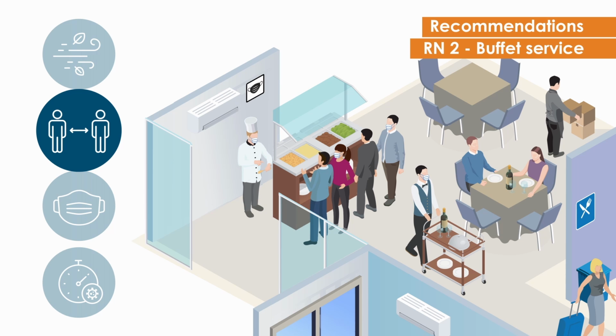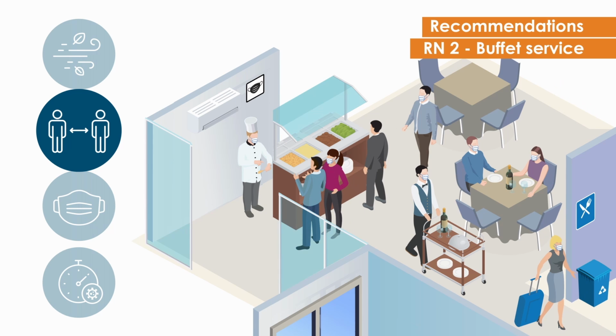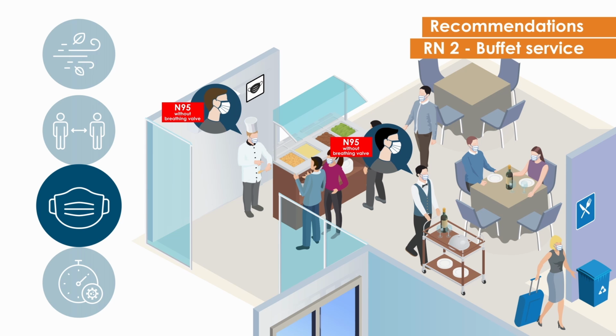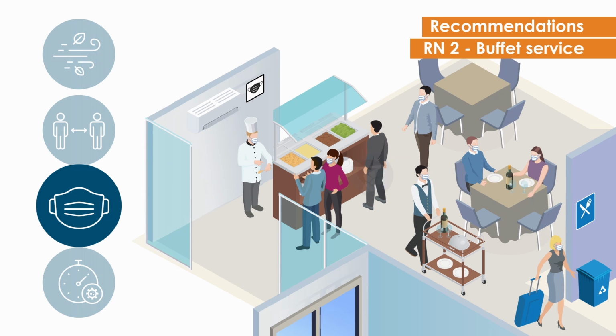Therefore, make sure that no crowds or lines are formed and that safety distance is respected at all times. Also between tables. Provide staff with an N95 type face mask without a breathing valve and enforce staff to use them properly. We recommend combining it with the use of a protective shield.